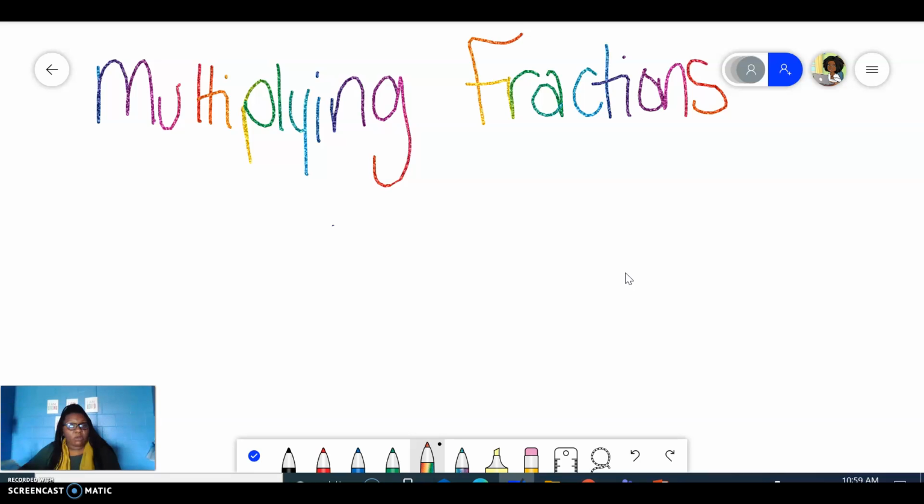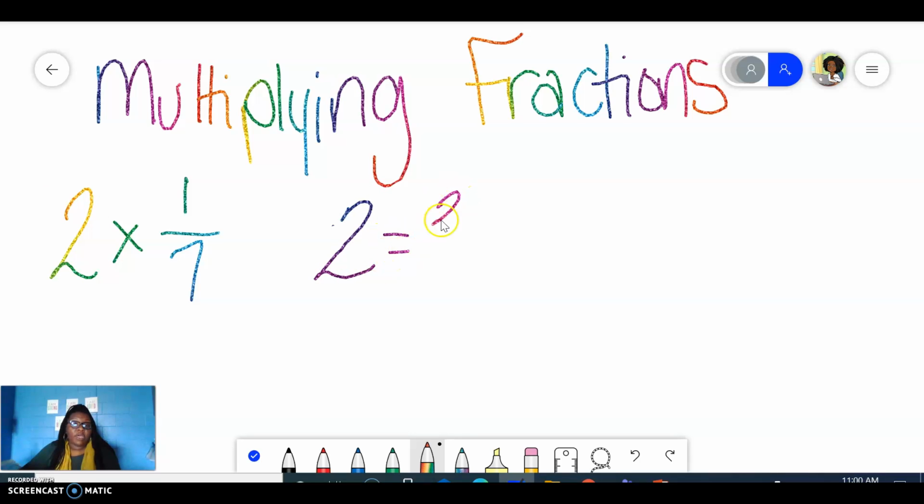So if I was going to multiply 2 times 1/7, what I'd have to do is think about what 2 looks like as a fraction. Any whole number like this one, I can easily put over 1. When I want to write a whole number as a fraction, I just put it over 1.